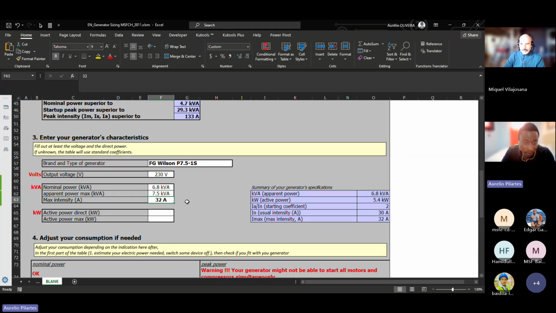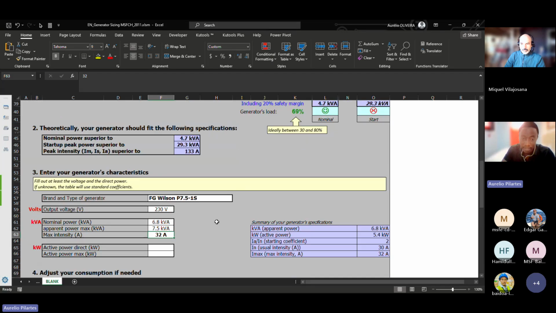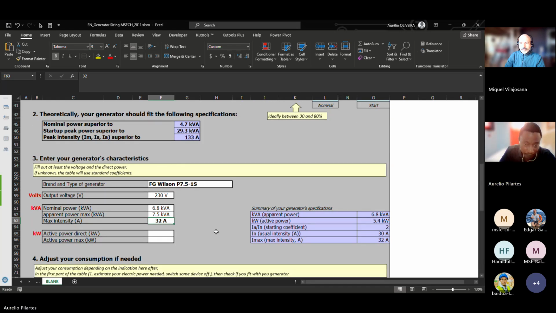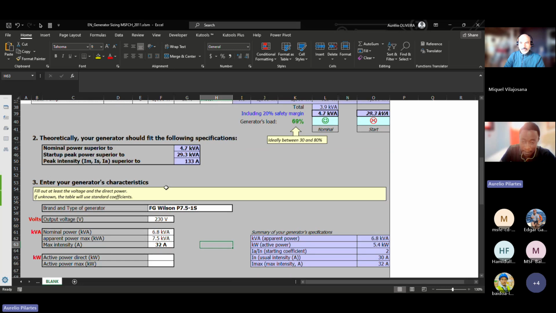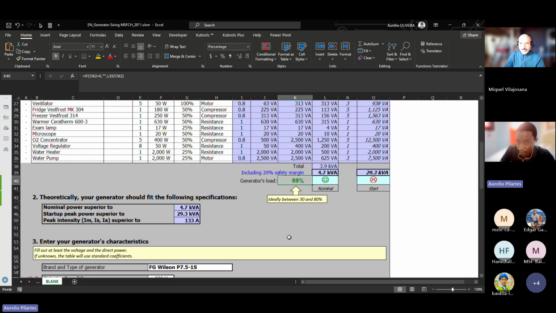And always, whenever you can, choose a 1,500 RPM generator instead of 3,000 RPM because they are more solid, more stable. They have a bigger lifespan, and their power is cleaner than the 3,000 RPM generators, and they are not noisy. So here we have our generator sized, and the result is this 69% load of our power generator.